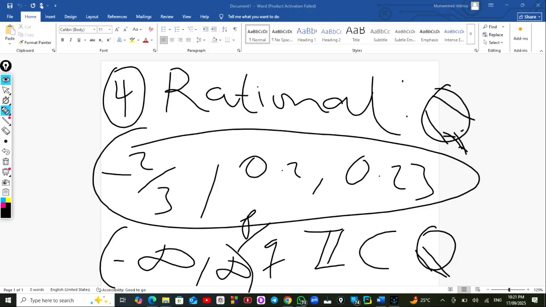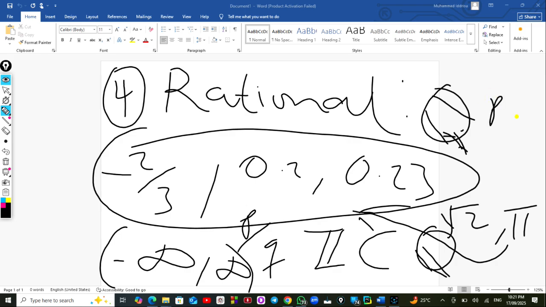Because from negative infinity to infinity we might have root 2, we might have pi, because as we continue to list the numbers we might have these numbers, and these numbers defy the definition of rational numbers, because we cannot express this as p over q.